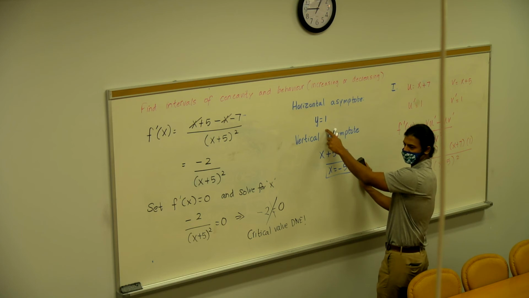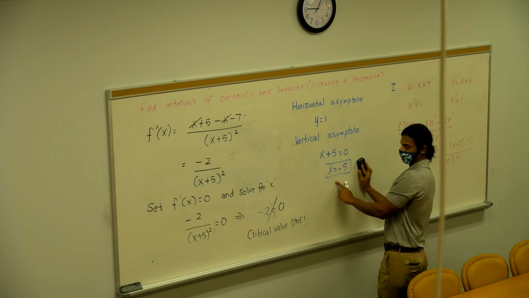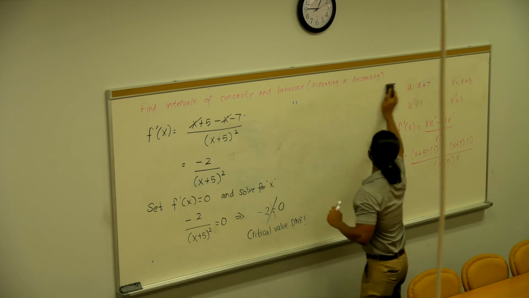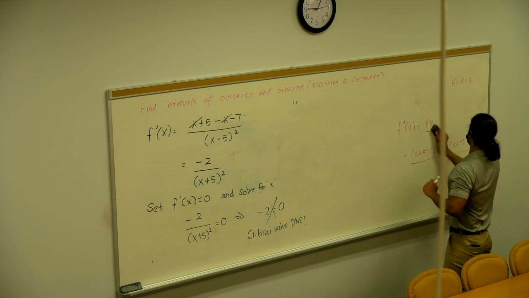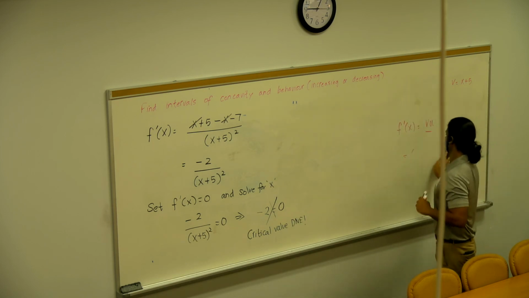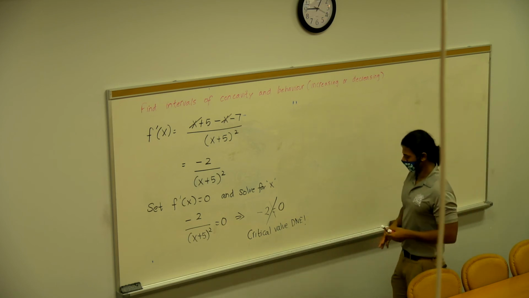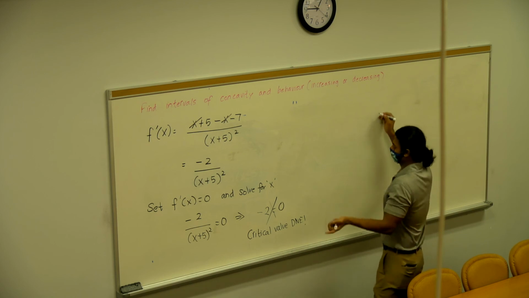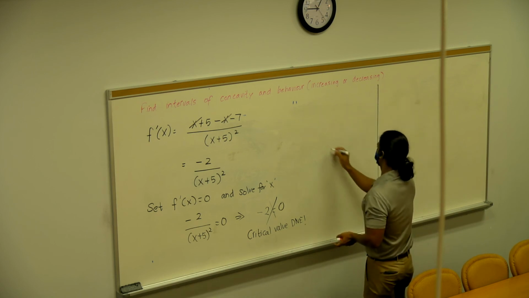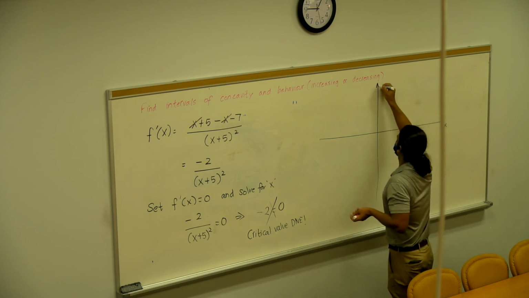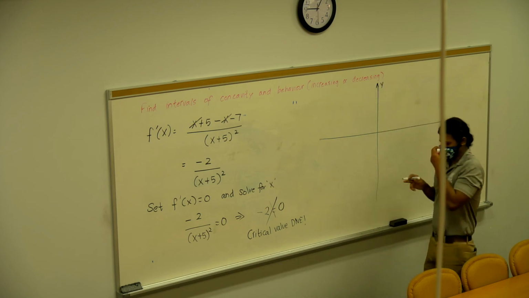So the horizontal asymptote is 1, and the vertical asymptote is negative 5. You may say, well, what could we do? All is over, abort mission. Well, we don't have to.